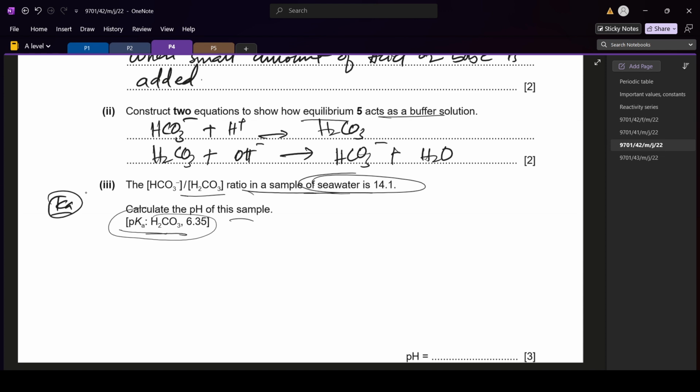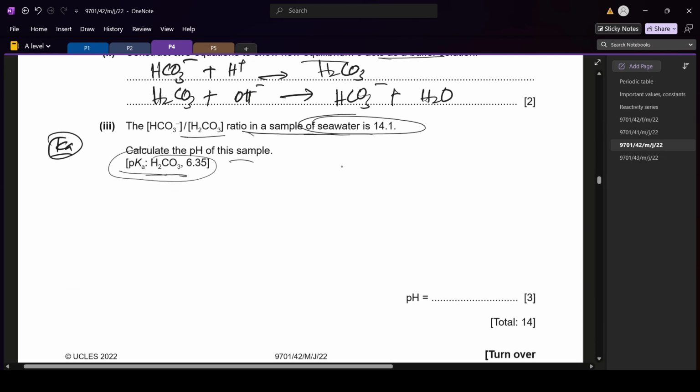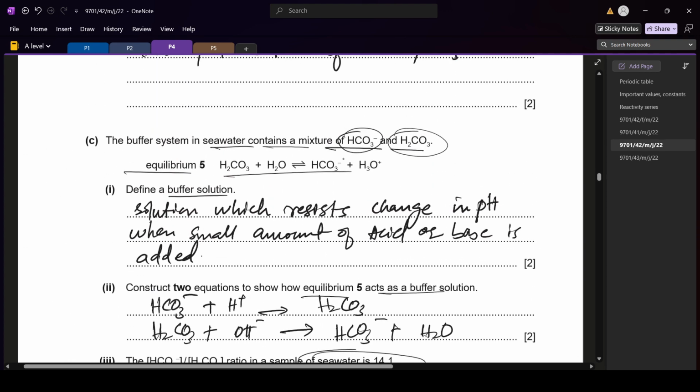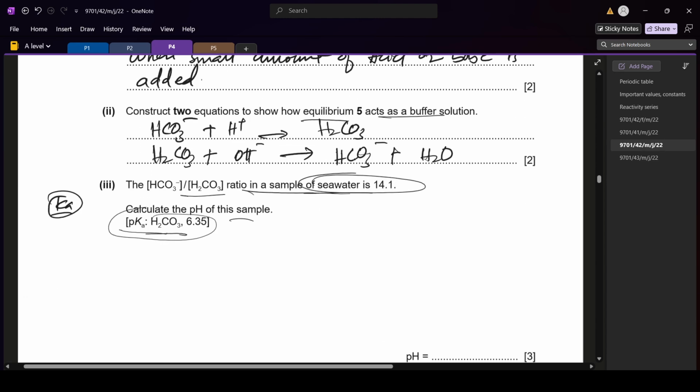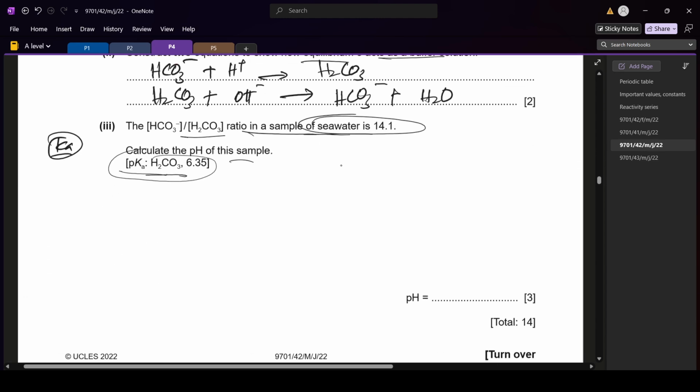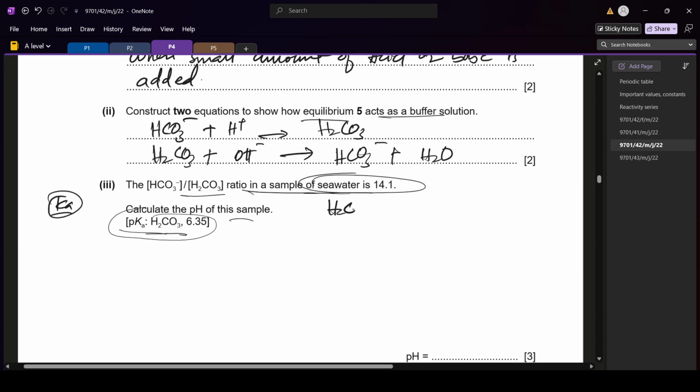For this ratio, you can write this expression. H2CO3 is the acid, and this is the dissociation constant. When it is dissociated, it forms H plus ions plus hydrogen carbonate ions.